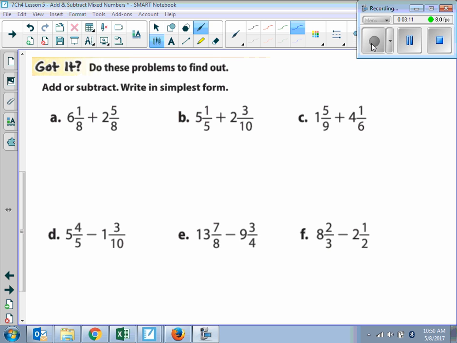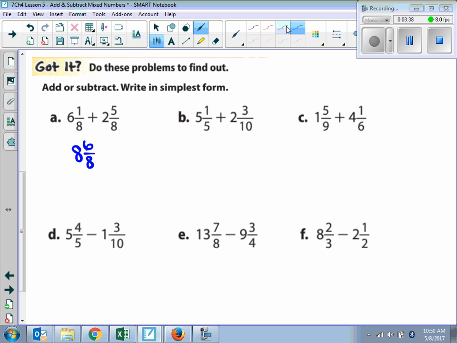All right, problem A, we have 6 and 1/8 plus 2 and 5/8. Once again, we're going to add the whole number parts and then add the fractional parts and put them together. So 6 plus 2 is equal to 8. And then 1/8 plus 5/8 is equal to 6/8.